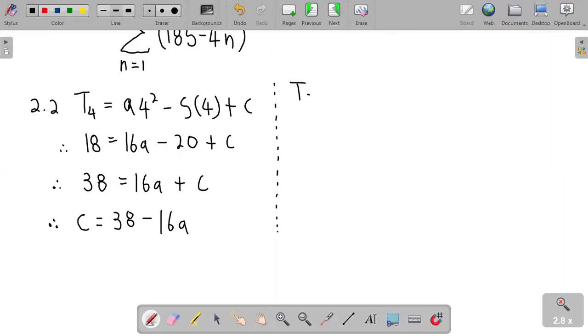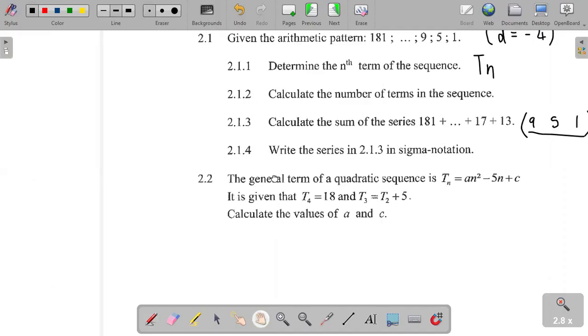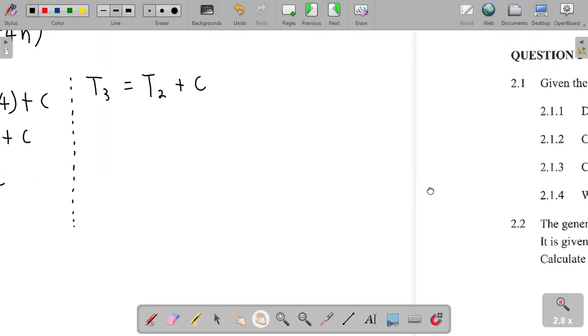If we are saying that T3 equals T2 plus 5, what does that mean? We substitute 3 and we substitute 2.